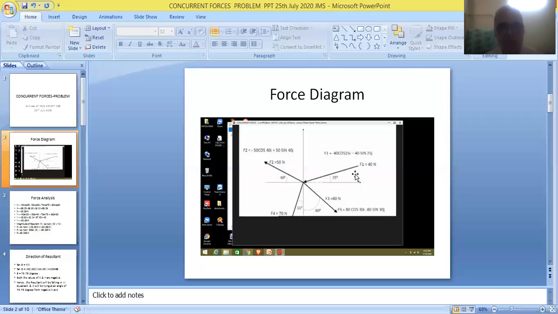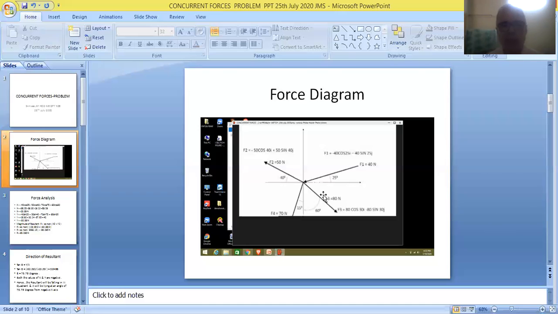The angles made by these forces with respect to the positive and negative x-axis are 25 degrees, 40 degrees, 30 degrees, and here we have 75 degrees. So all these values are very essential for writing equations and making calculations.